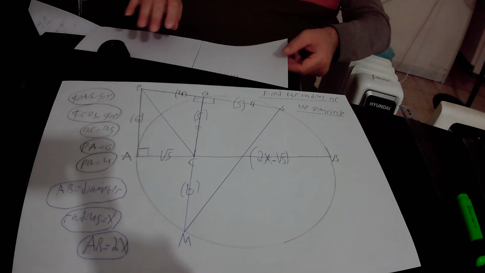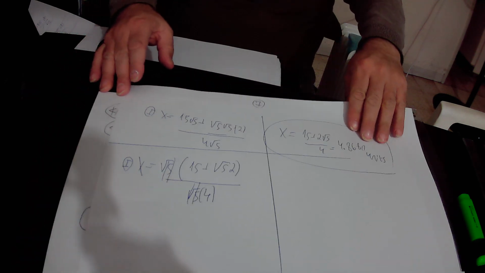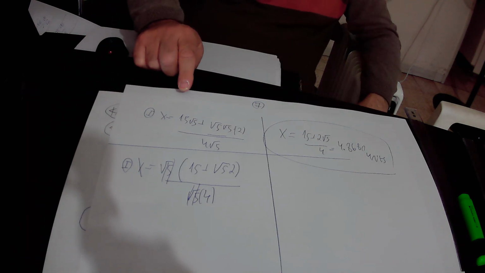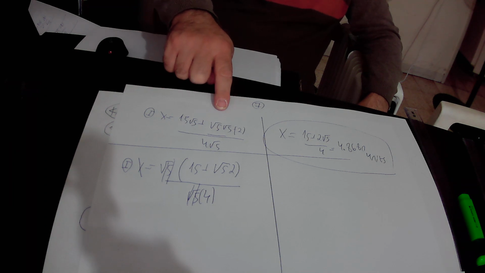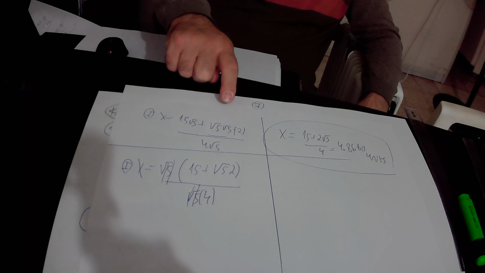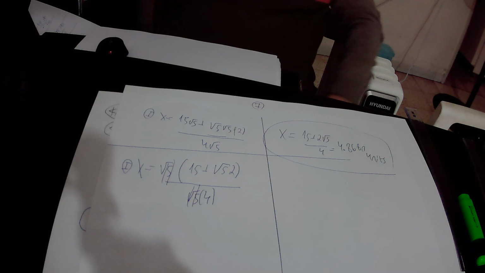And we found out that, according to equation number 1, x equals 15 times square root of 5 plus 10, and 10 is square root of 5 times square root of 5 times 2, all divided by 4 times square root of 5.